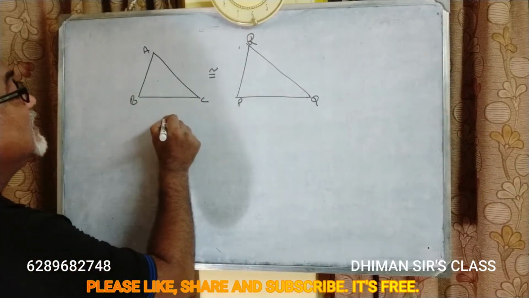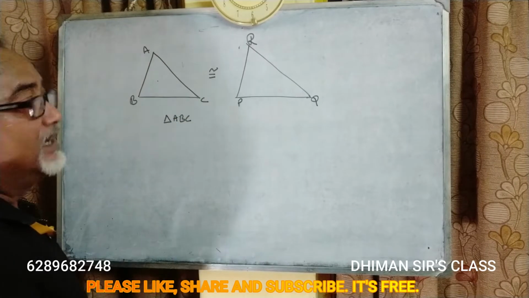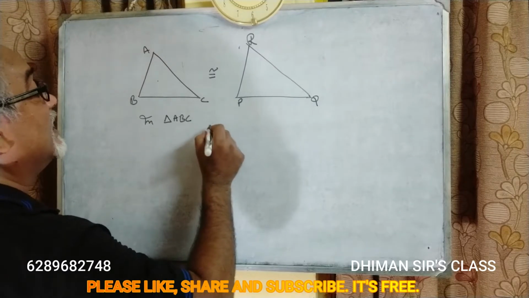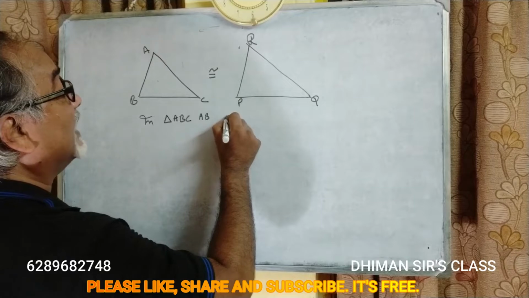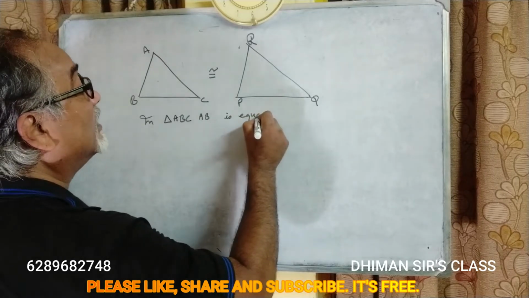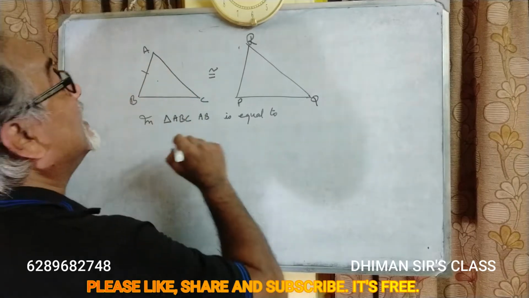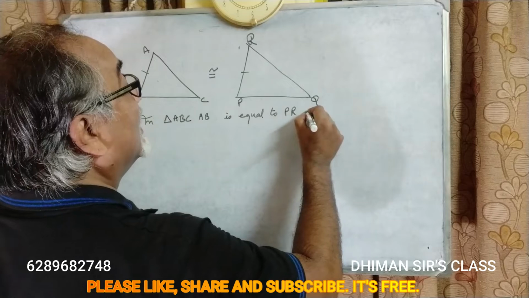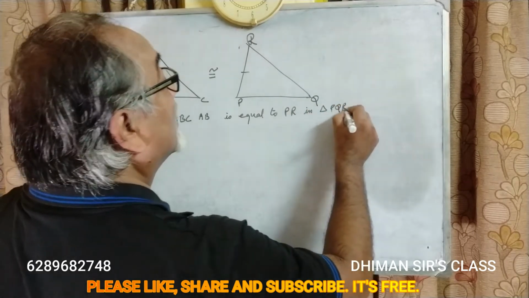See, in triangle ABC, AB is equal to PR in triangle PQR.